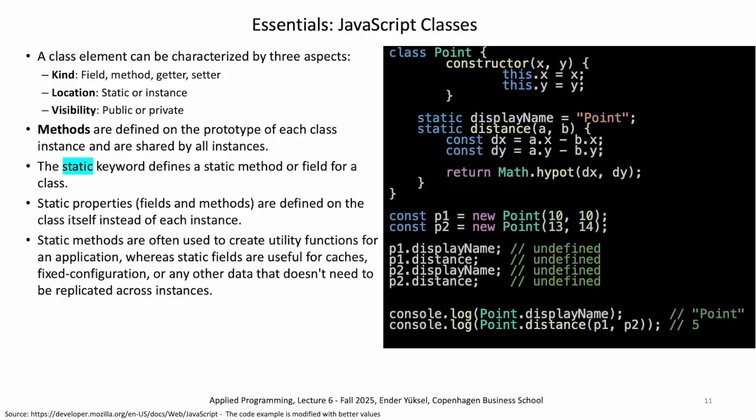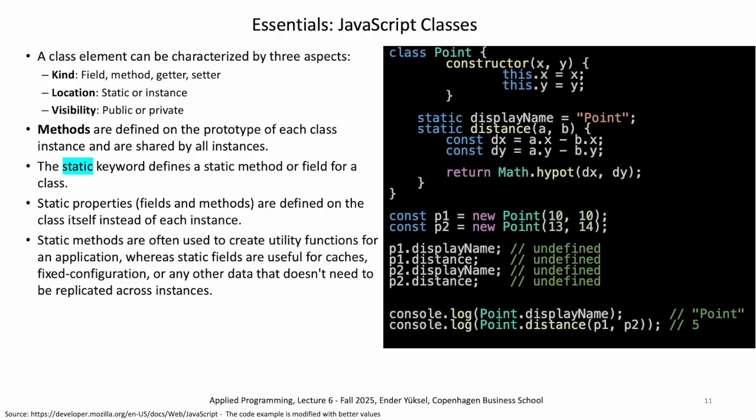Instance creation. Two instances of the Point class are created, p1 and p2. In the next block, we try to access static members on instances. Those lines demonstrate the core concept of static members, which are not inherited by instances.